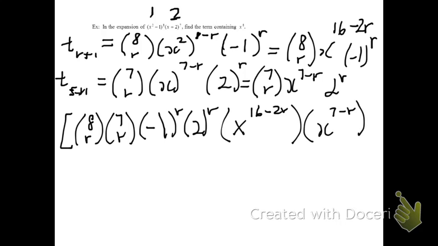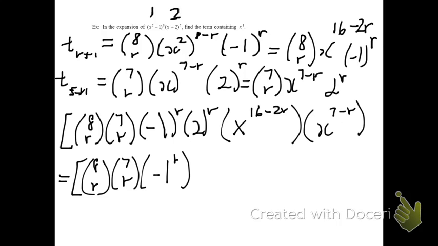So what we're looking for is a general expression for the expansion of this whole thing. This can simplify out. So we have 8 choose r times 7 choose r times negative 1 to the r. Actually, that's not right.